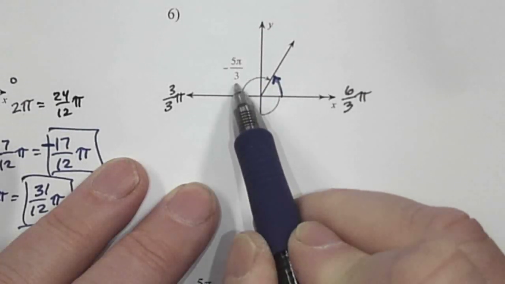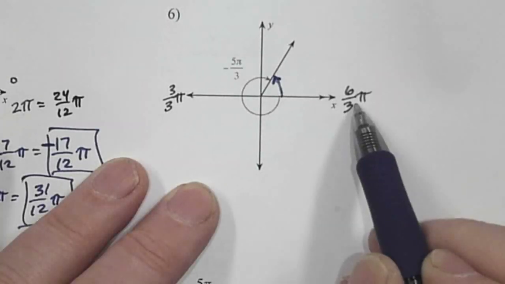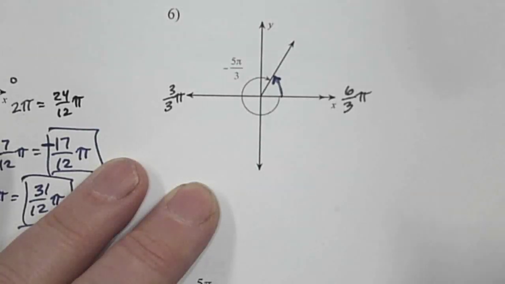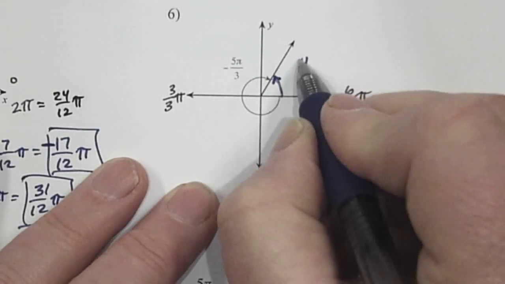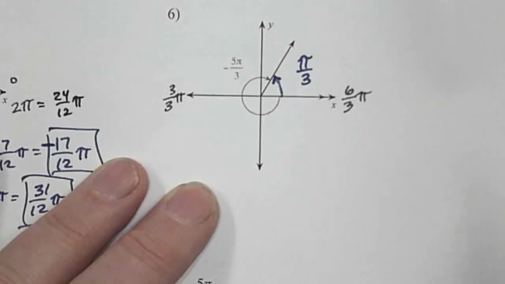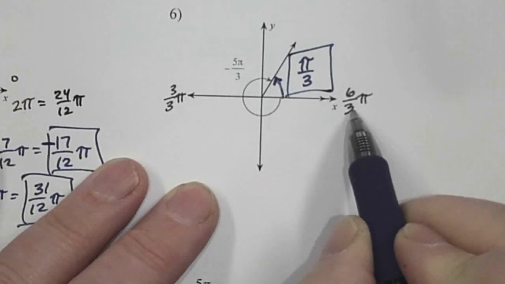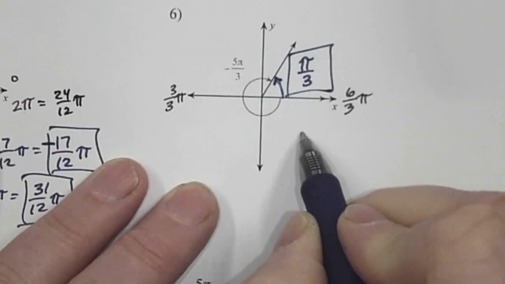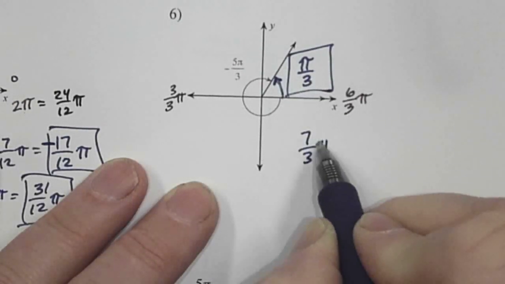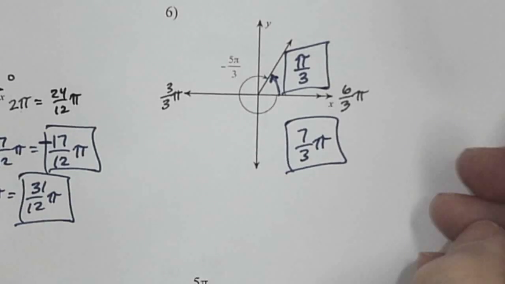Well, if I went 5 over 3, and a full circle is 6, that means my reference angle here is 1 over 3. So there's my first reference angle. Now, if I want the second one, I simply take 2 pi, which is 6 over 3, and add it to 1 over 3 and get 7 over 3. And so there's my two angles.